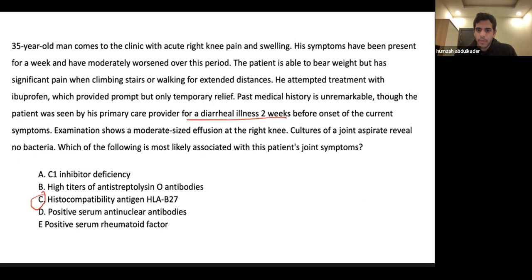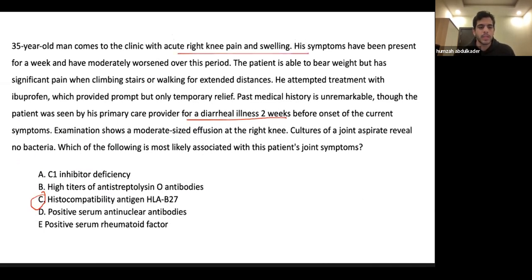So what we're looking at here is this patient had a diarrheal illness 2 weeks ago, right? And what happens is after the diarrheal illness, you get these symptoms of arthritis, right?